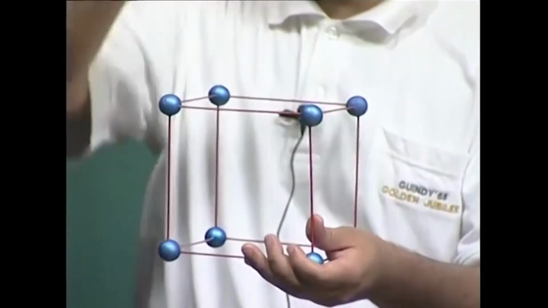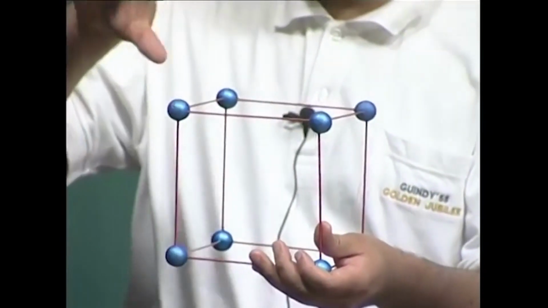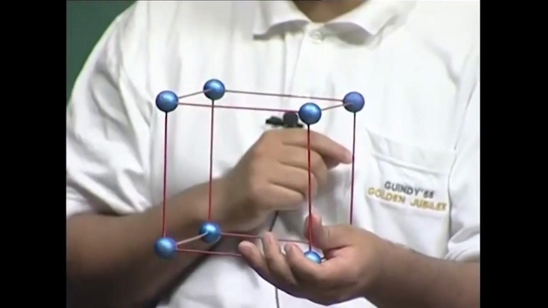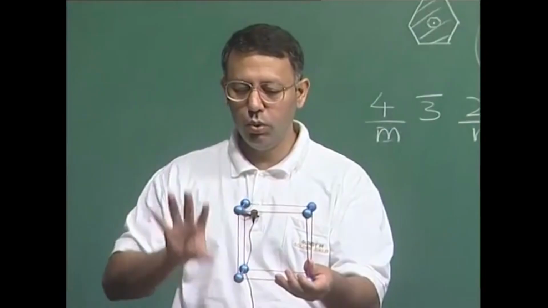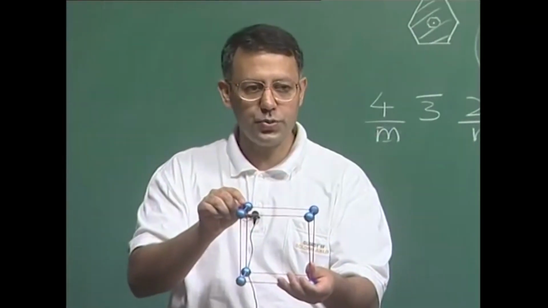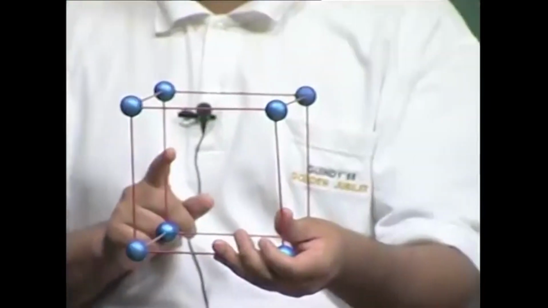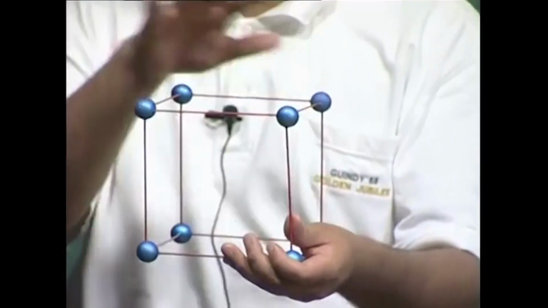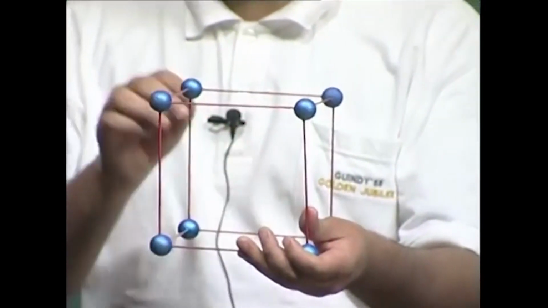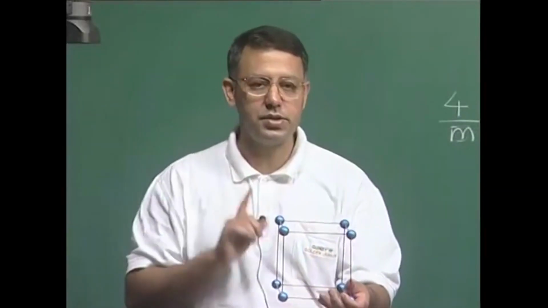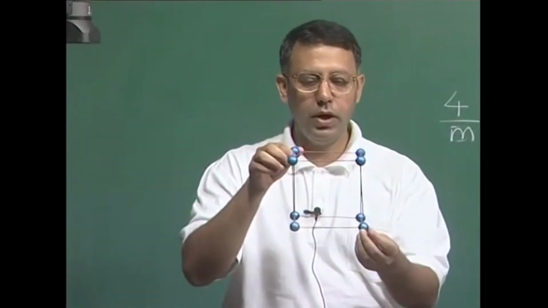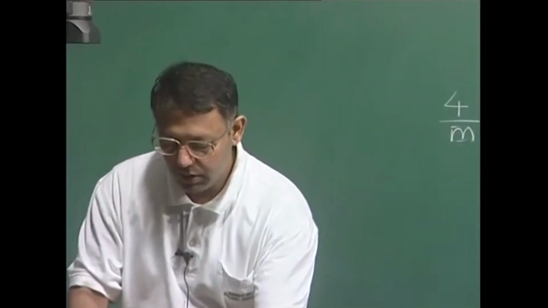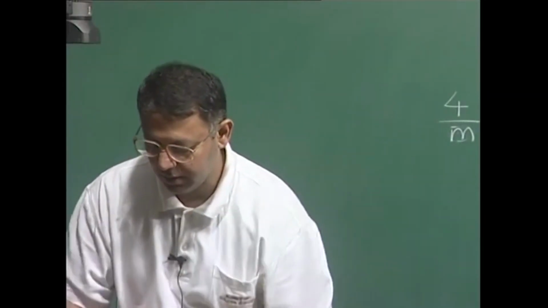There will be a cube above it, and a cube on this quadrant, and correspondingly there will be 4 cubes behind it, 1, 2, 3 and 4, which will share this lattice point. Effectively this sphere is being shared by 1/8 of each one of these cells, and therefore the contribution to this cell is just 1. So this is my simple cubic unit cell, which is the unit cell of the cubic lattices.